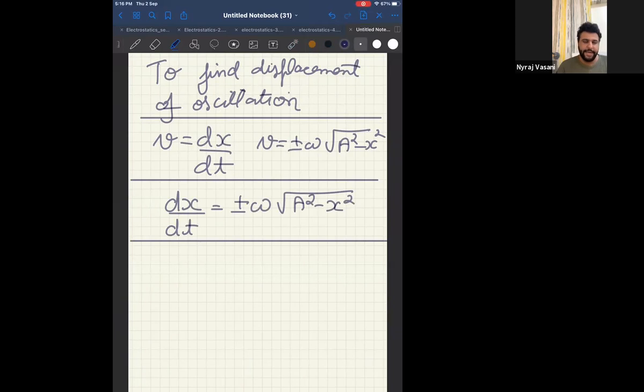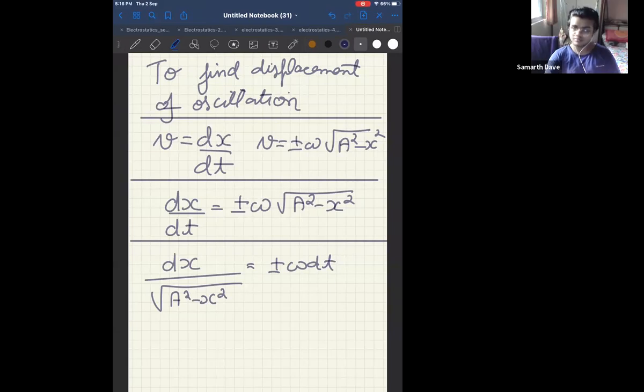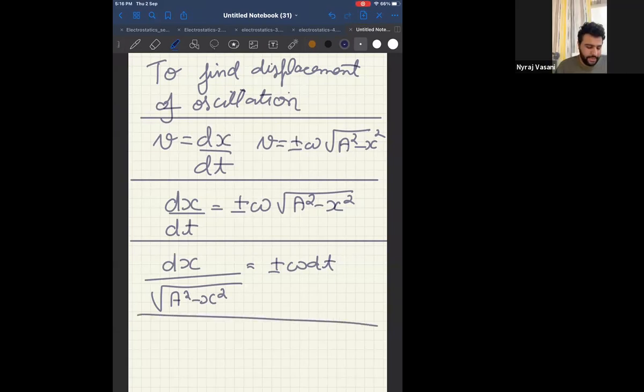Now, what I do is I take x terms on one side. So now integration.